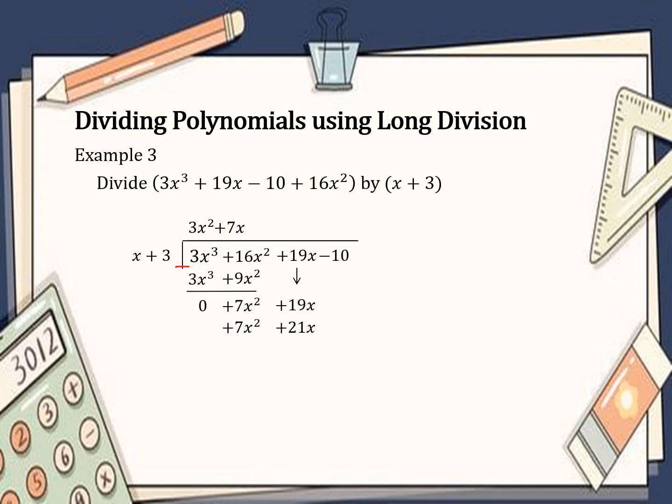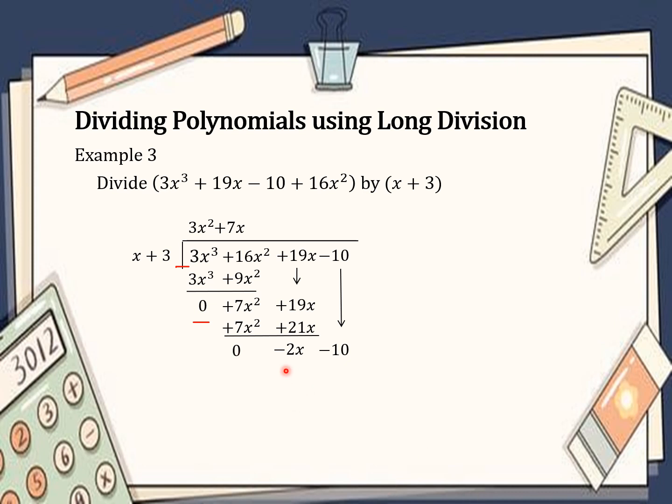Next is, of course, you're going to subtract again. So 7x squared minus 7x squared is 0. And the 19x minus 21x gives us negative 2x. Then we still have here a term in the dividend. So bring down that term. So negative 10.